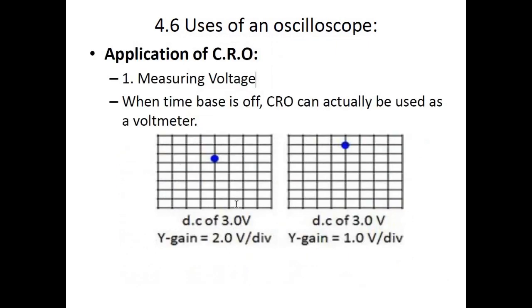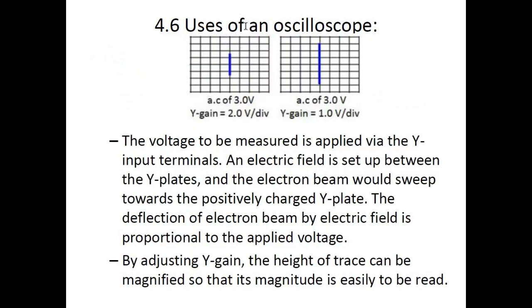If it is AC volt, then you'll see a straight line having the maximum amplitude of whatever is your voltage. See, for 2 volt per division and AC of 3 volts, this is the mean line, and it would show you 1.5 divisions above the mean line.